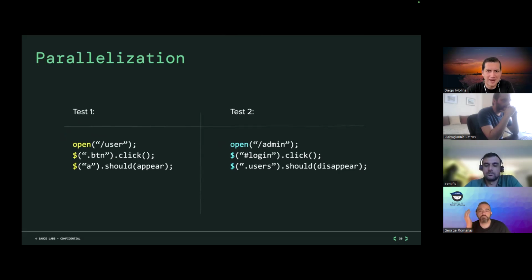And of course everything is faster, because most of the testing frameworks you get out of the box run tests in sequence, not in parallel. Selenide does the opposite. It runs tests in parallel by default. So if you write two tests in the same class, they will be executed in parallel, and that might give you the impression that Selenide is faster than Selenium itself because it's running tests in parallel.